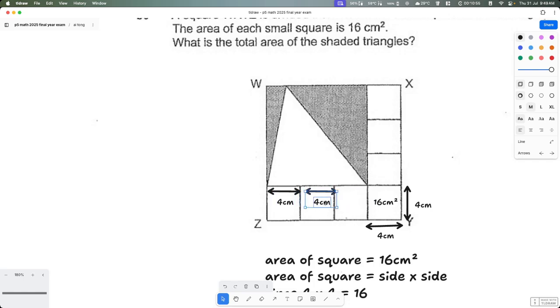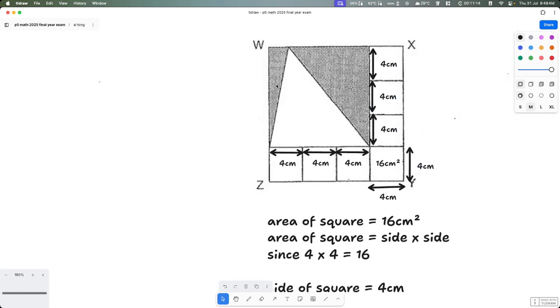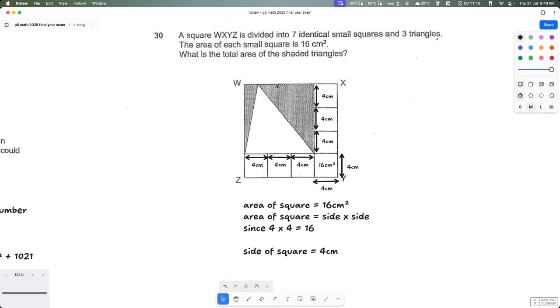Same goes to this, so this is also 4 centimeters, and the same goes to the rest of this as well. So that means we have a square, the inner square over here, or I would say the big square.